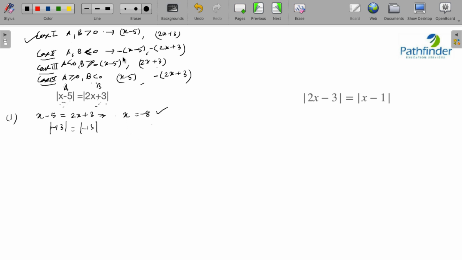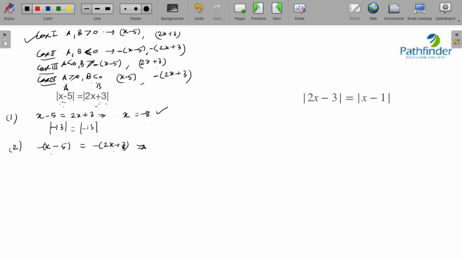Now, if you consider the next case, case 2, minus of x minus 5 is equal to minus of 2x plus 3. Will it give us another solution? Because I can write the same equality by taking 2x plus 3 on the other side and x minus 5 on the right hand side.